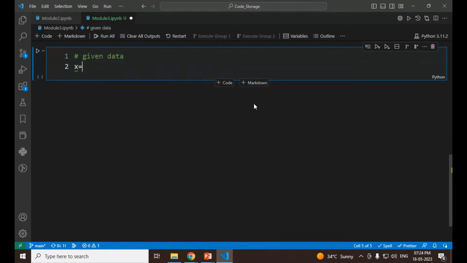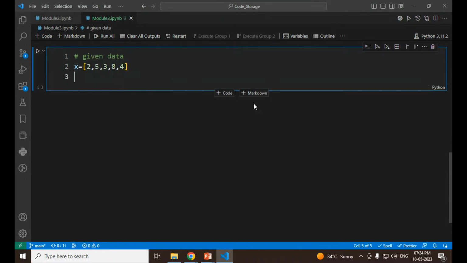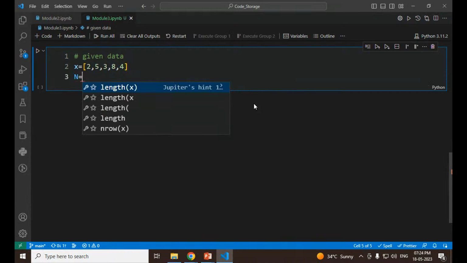X equal to, I have the values like 10, 15. We'll take small values. These are the values. I need the n value. Please tell me what the n value is. Okay, that is my n value.